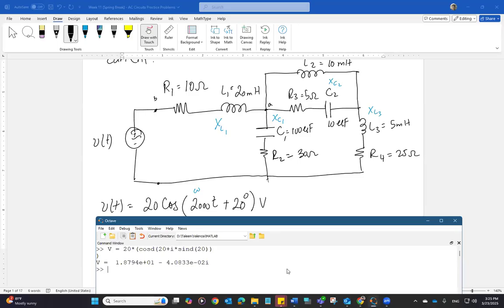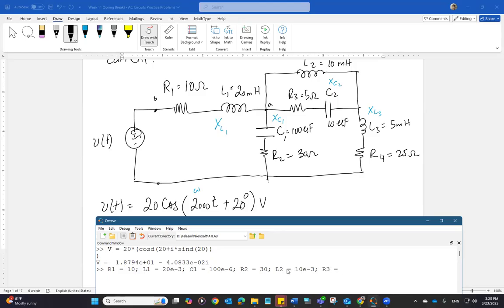And now I'm going to assign all the variables. R1 is 10. L1 is 20 exponent -3. And C1 is 100 microfarad, 100 exponent -6. R2 is 30. L2 is 10 exponent -3.